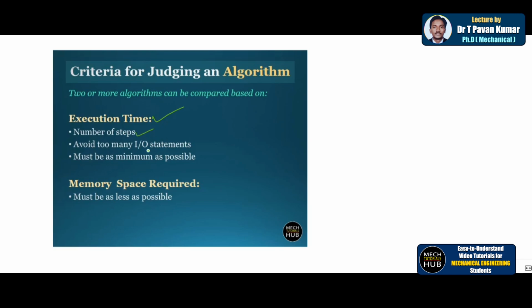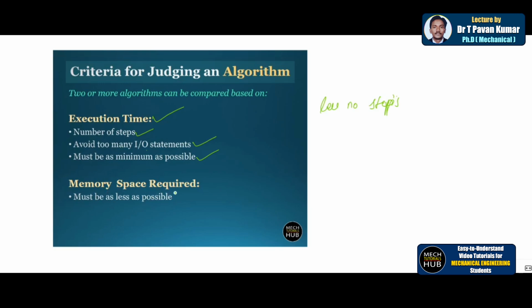Avoid too many input statements; they must be as minimum as possible. A communication should be with as few steps as possible. Then it is called a very good algorithm.